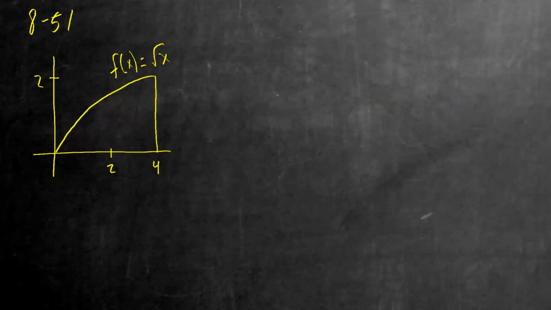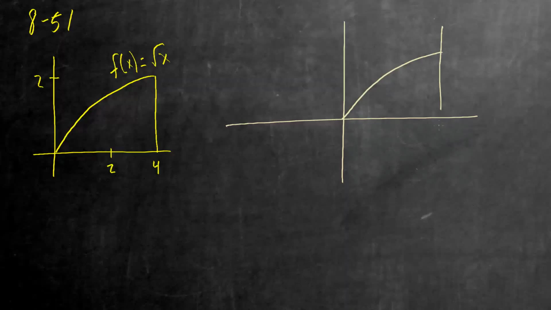Very similar problem here. In part C, we want to go around x equals negative 2. So here's our sketch. Where is x equals negative 2? If I reflect around this, I've got to go another 2 before I get that reflection.